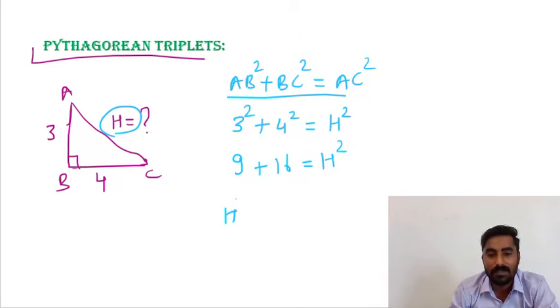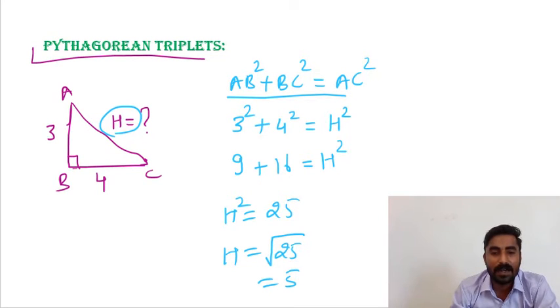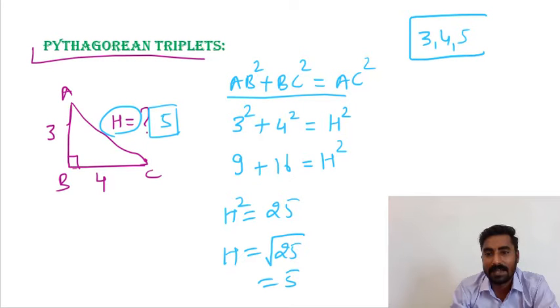So the square of the hypotenuse is 25, and the hypotenuse is the square root of 25, which is 5. So we can find the hypotenuse if we know the other two sides. The hypotenuse is 5. So 3, 4 and 5 are called Pythagorean triplets because these lengths form a right angle triangle.